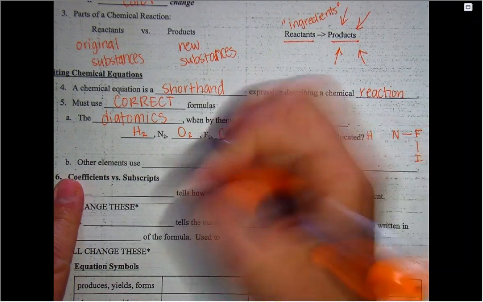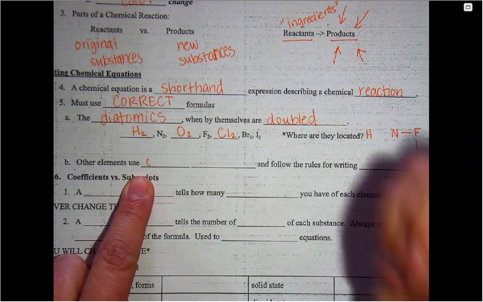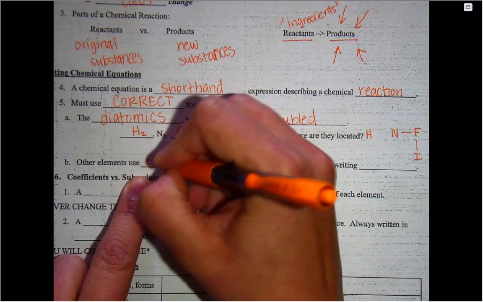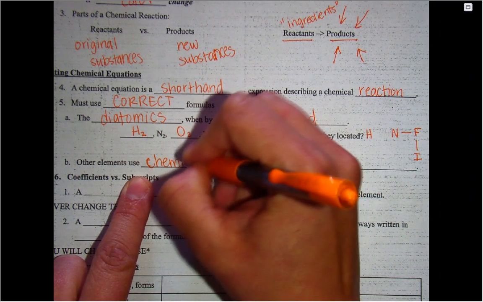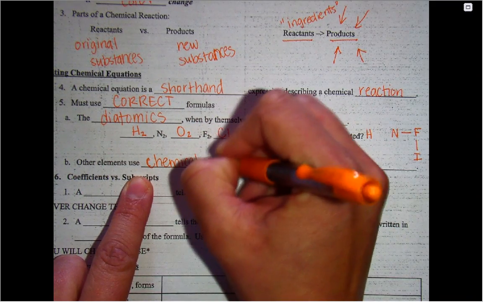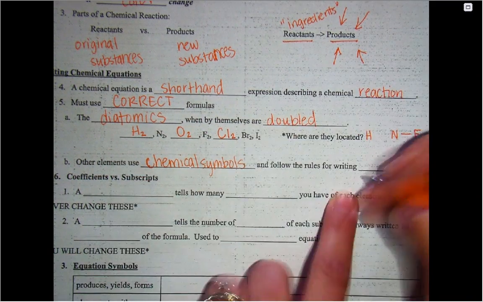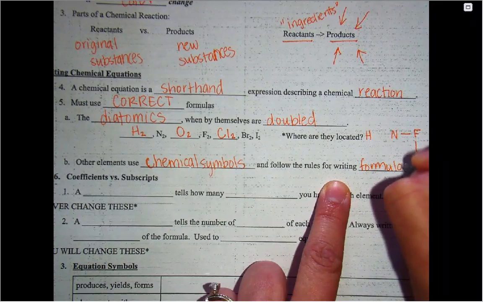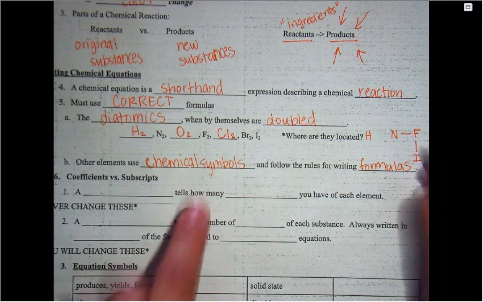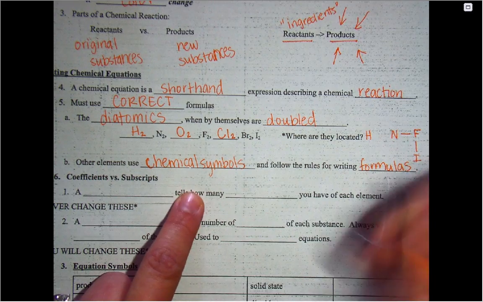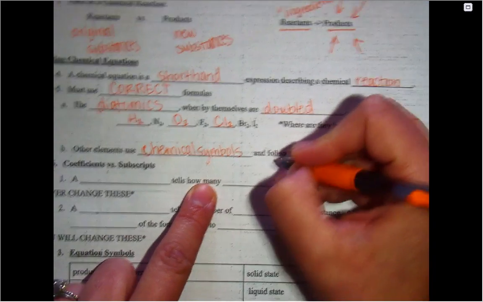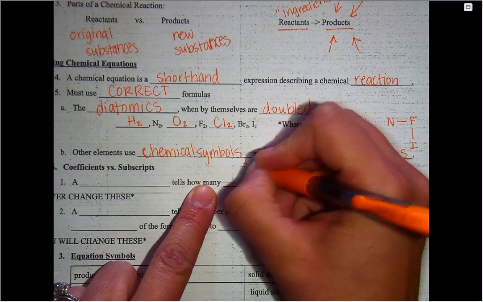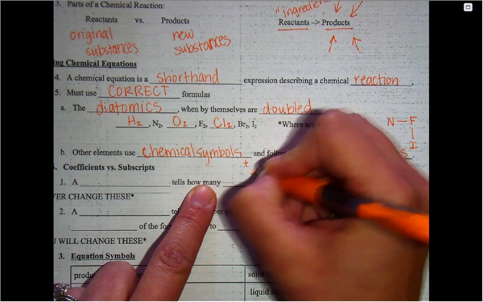All right, for the other elements you use correct formulas, chemical symbols, and follow the rules for writing formulas. So let's take a second to write a couple hints underneath that. Remember, in chapter 5 we learned we take our charges and cross and drop.